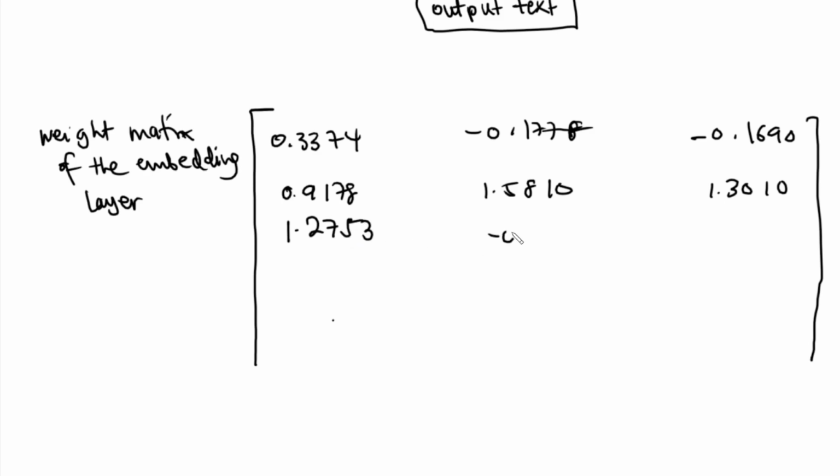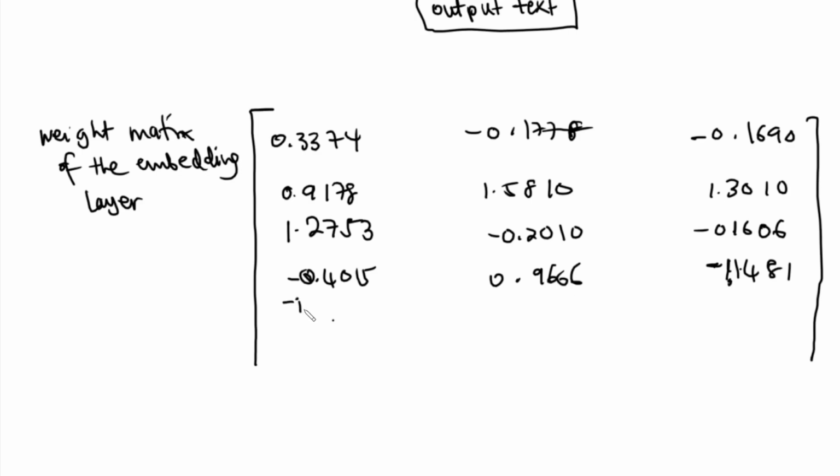Then 1.2753, and then minus 0.1606, and I'm trying to be careful so that at least I do not mess up the example. Then 9666, so I do not mess up the results that I will show you.